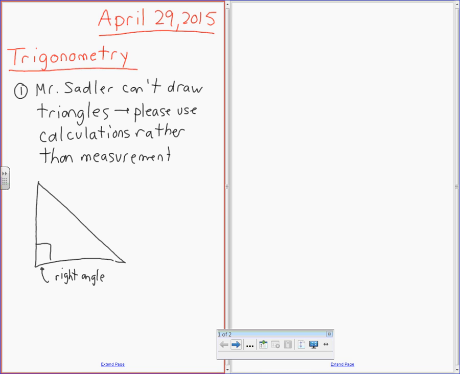Olivia, what does a right angle mean? Okay, awesome, 90 degrees. Right angle triangles are good for lots and lots of things. First things first, I put an A, a B, and a C. We can do what's called the Pythagorean theorem.